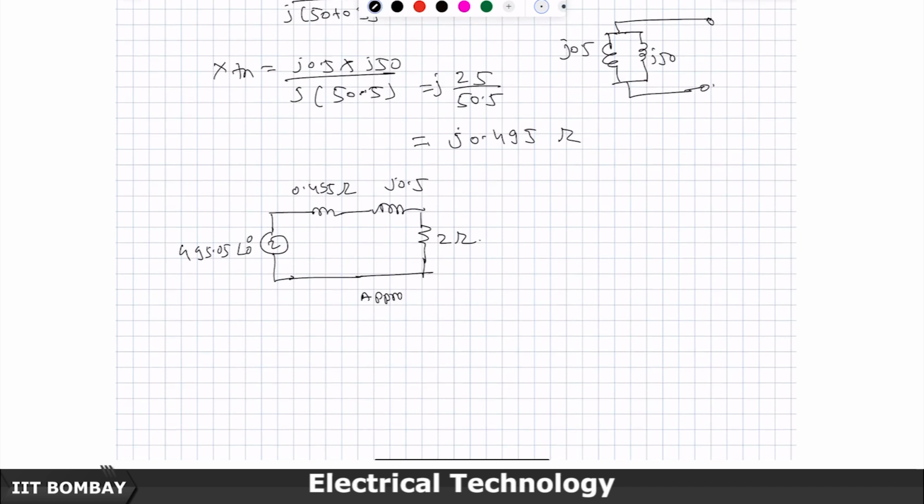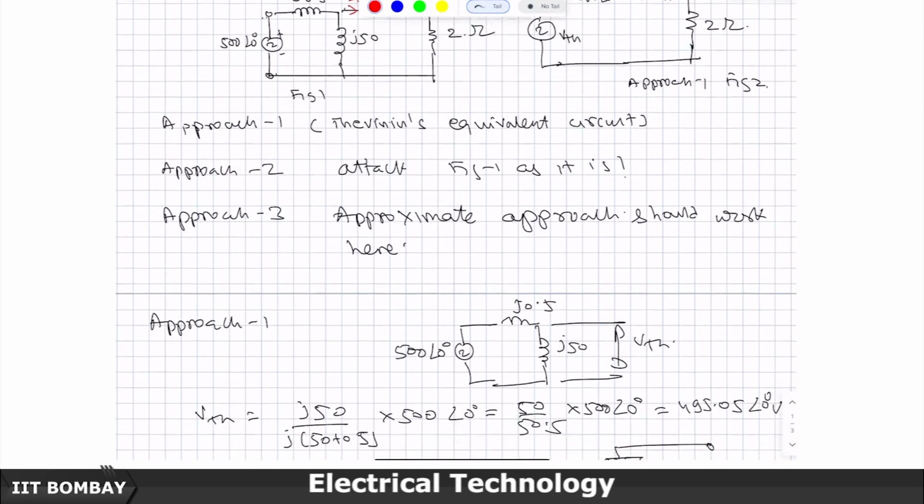R2 dash by S, because the slip was given to be 5%, has already been replaced by 2 ohms, and in this equivalent circuit what happens?